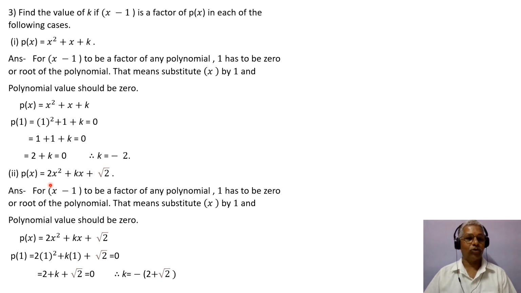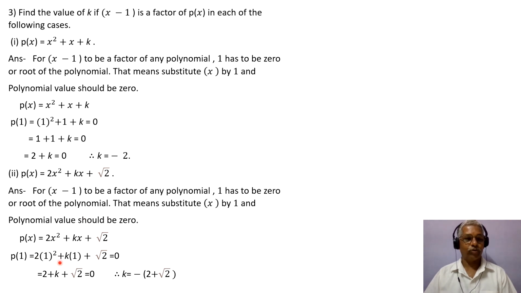Second one, Px equal to 2x square plus kx plus root 2. Now answer: for x minus 1 to be a factor of any polynomial, 1 has to be 0 or root of the polynomial. That means you substitute x by 1 and the polynomial value should be 0. So I'm doing it. Px is this, copied down, so x has to be replaced by 1.